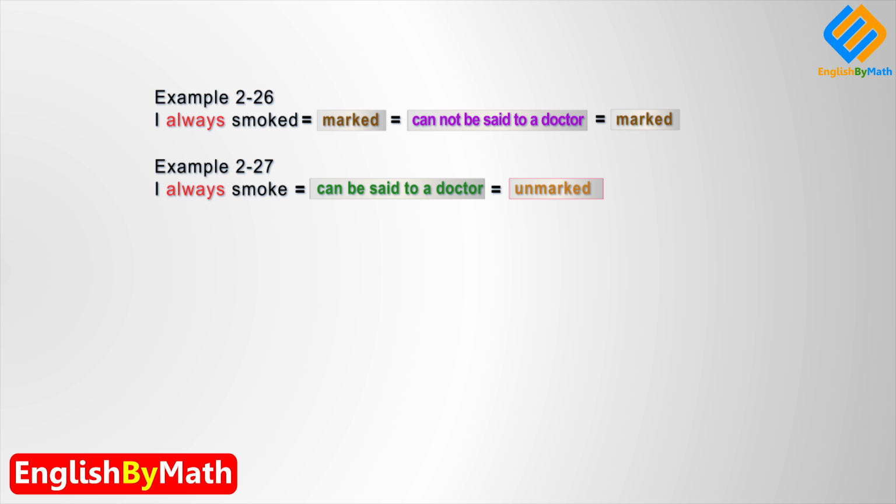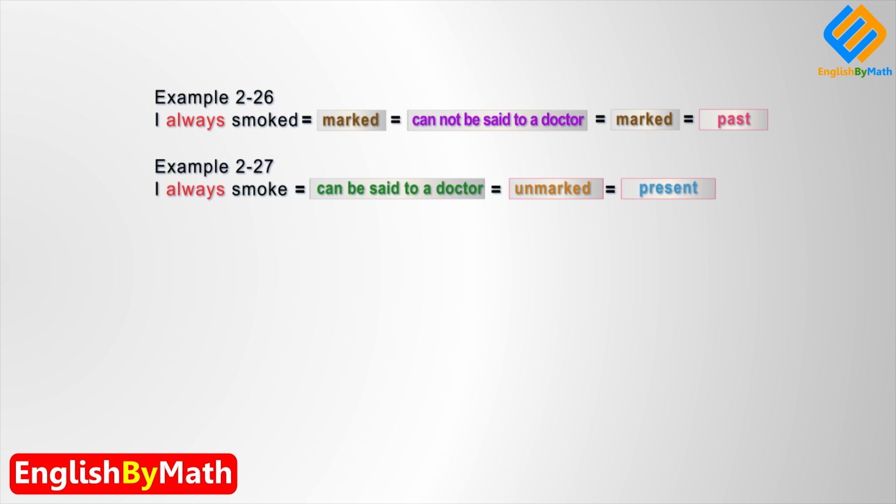The reason here is not the word always because it is used in both sentences. The reason is the difference in tense. Example 227 is in the present, whereas 226 is in the past. Changing the tense from the present to past changes the meaning from unmarked to marked.